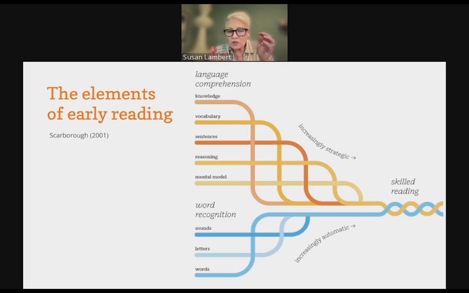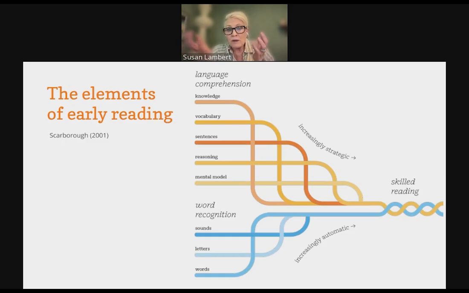Oral language is critical for both word recognition as students start to understand how sounds are represented by letters and combinations of letters and how those are put together to form words. And oral language is really critical when we start to think about the knowledge that students are exposed to before they come to school, the vocabulary they're exposed to, the sentence structures they're exposed to, and how we can help them build that mental model.